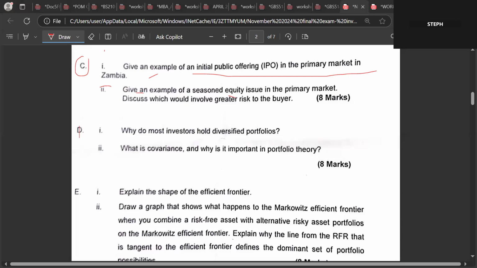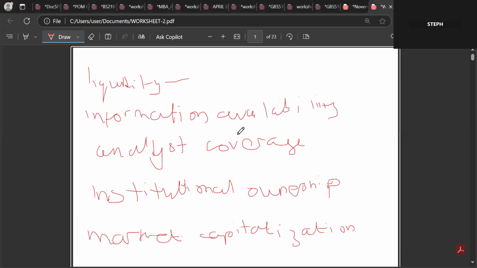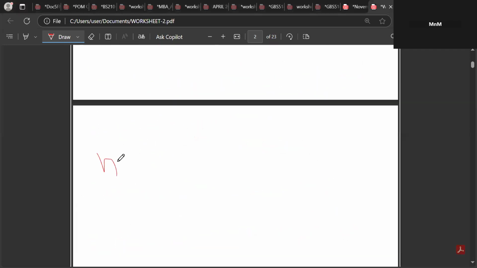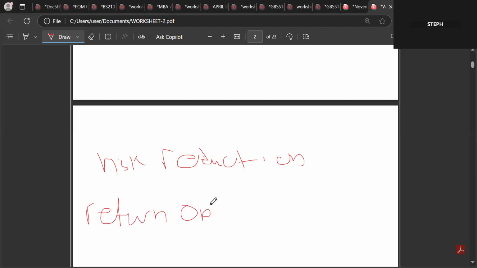Return optimization. So let me write them down. Firstly, risk reduction. Then secondly, return optimization.